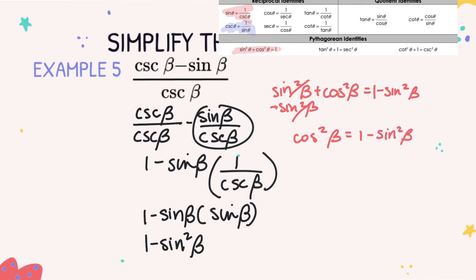But I need to, oh, there it is. 1 minus sine squared beta. So this is the same thing as this. So I can just replace 1 minus sine squared beta with cosine squared beta, and that is my simplified answer.